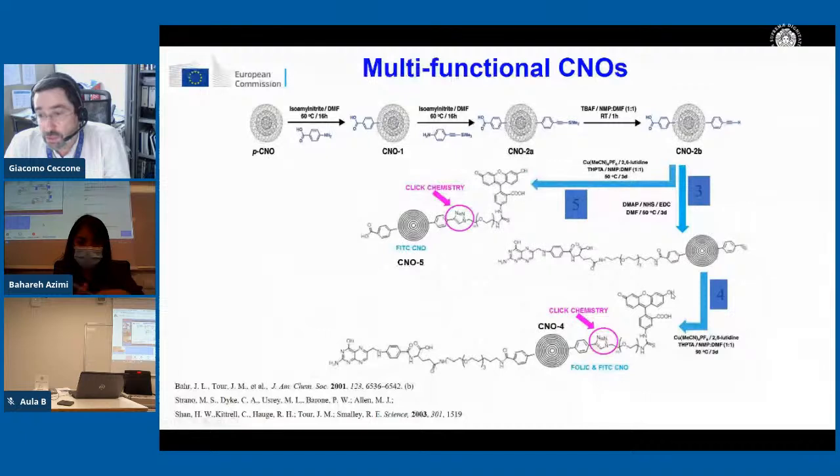So as you can imagine, these steps are not easy to do. You have to synthesize the molecules, attach the PEG to fluorescein and to folic acid. You have to attach them to the carbon nano-onions, and each step needs a lot of washing and redispersing the functionalized carbon nano-onions into solutions.